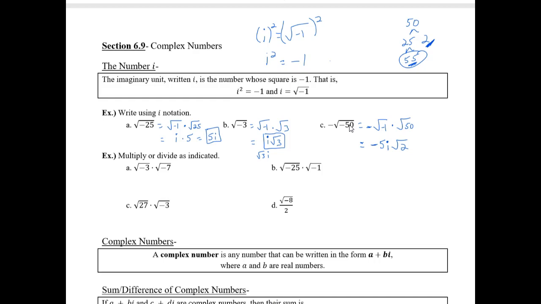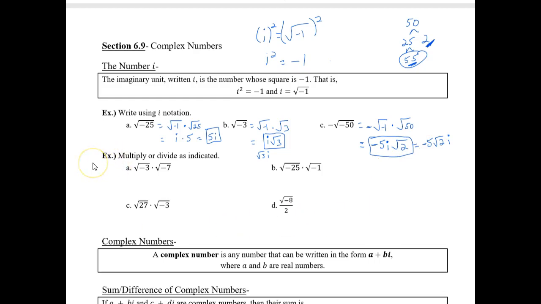The i came from the square root of -1. And there was already a negative there. And again, this is how I would prefer you write it. But you may see homework or textbooks that prefer you write the real number part first, so that -5 square root of 2, and then the i. Either way would be accepted for me on a test.